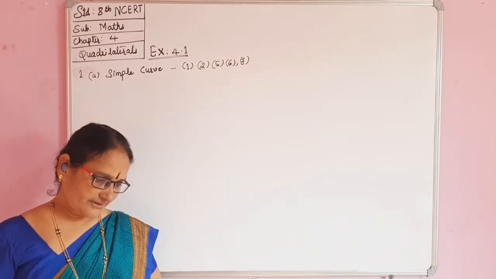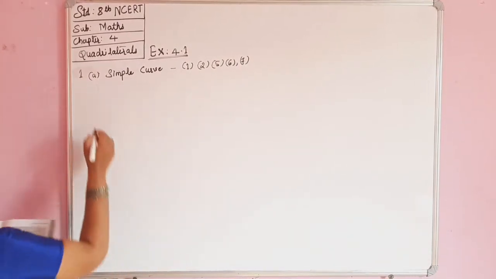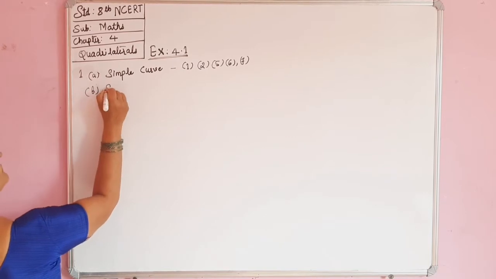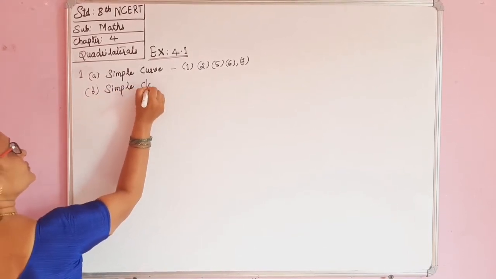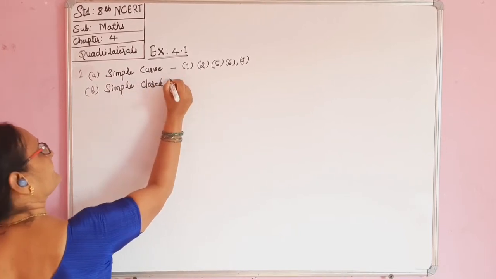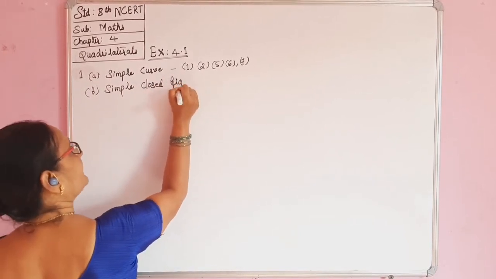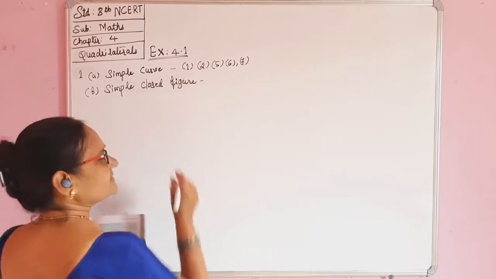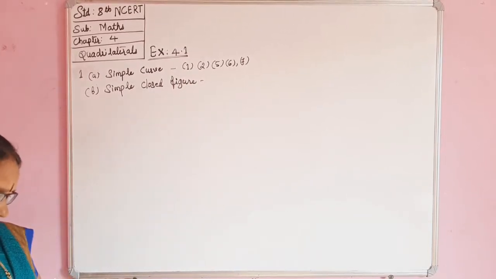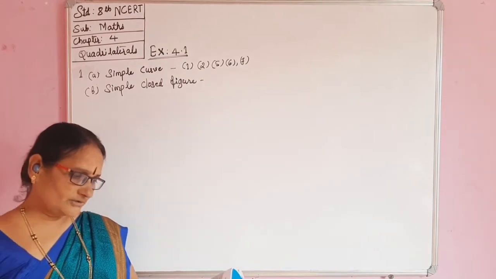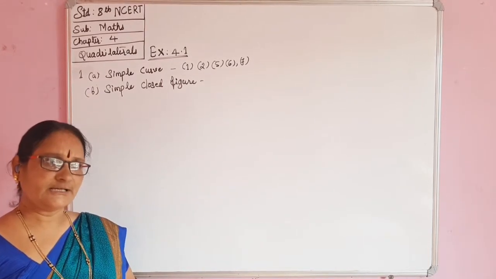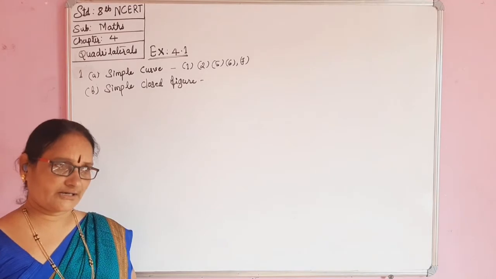Then part B, simple closed figure. Which are the simple closed figures? We will see. The first one is a simple closed figure. It is a simple curve also, and a simple closed figure also.